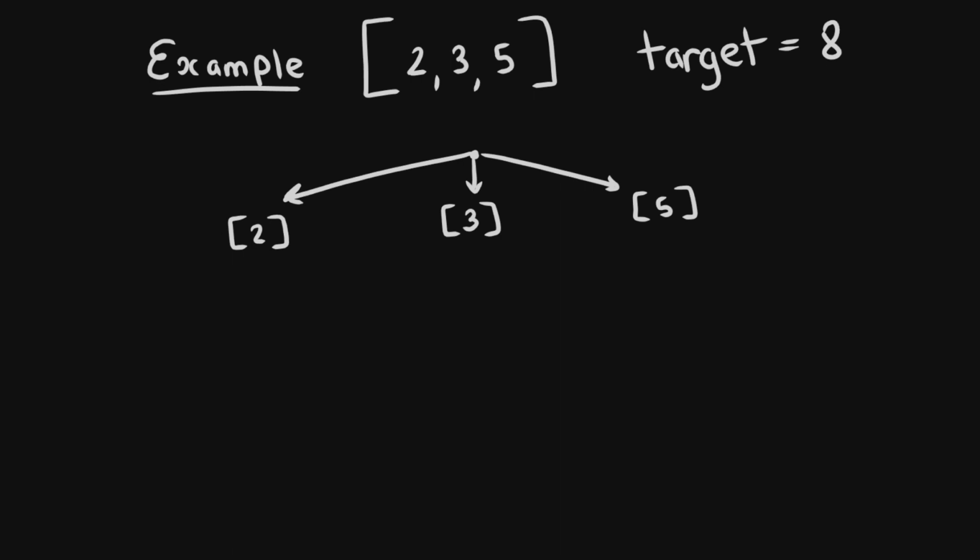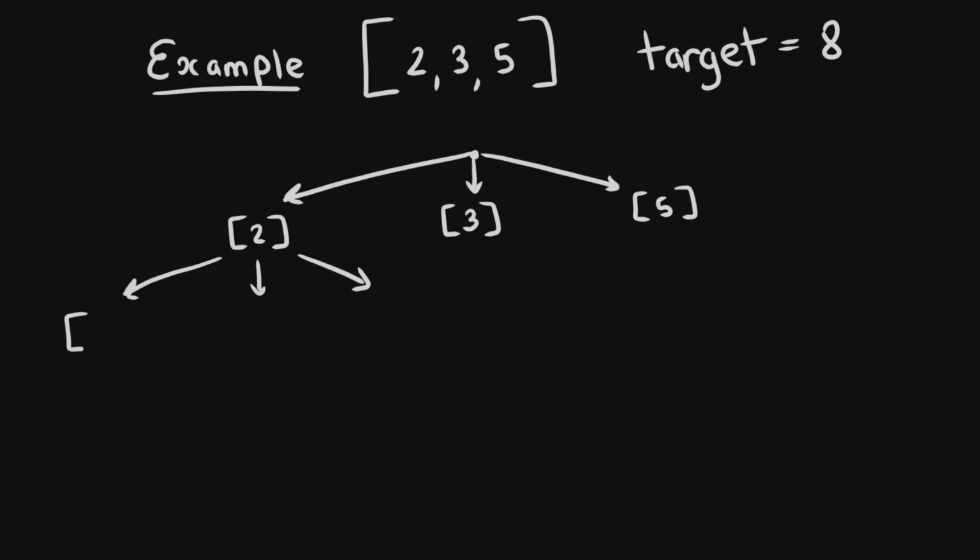Then from each of these, we can take another choice. So from 2, we can take 2, 3, or 5, so long as it's not greater than the target value. And if it is, we'll just return upwards in the tree. So from 2, we can branch out in 3 more directions.